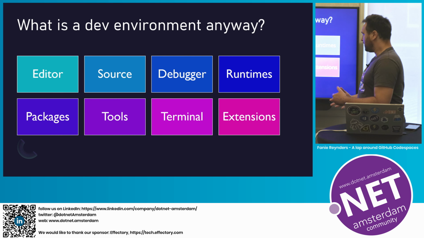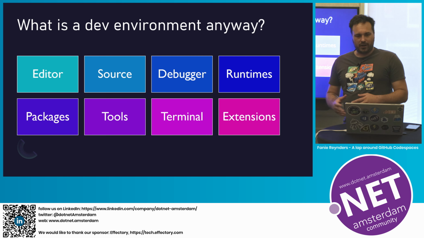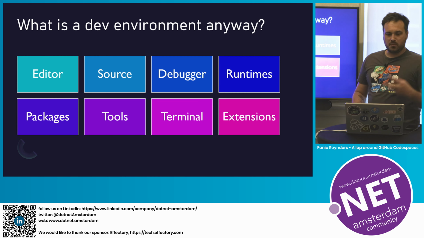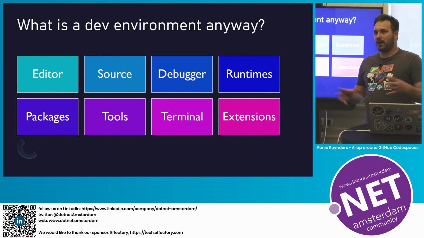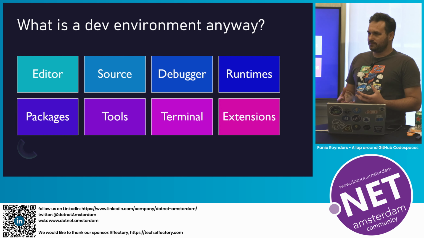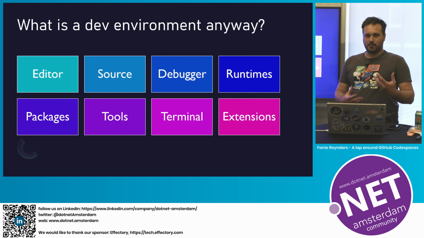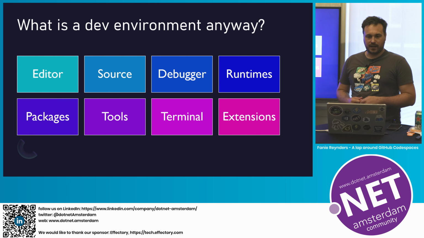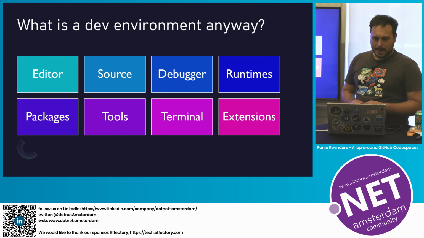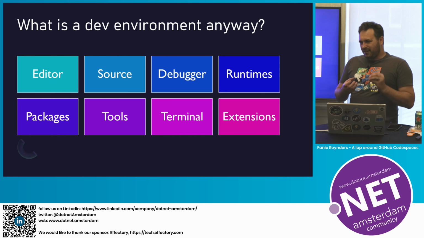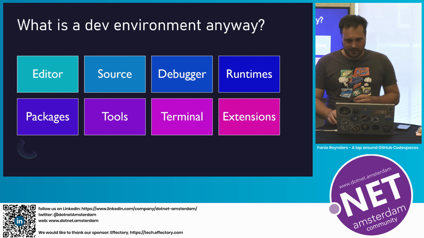Yes, you have your editor, but also you have your source code, you have your debugger, you have your runtimes, packages, tools, terminal, extensions, a bunch of things that work together that coordinate this whole thing. Visual Studio Code is part of an environment that lets you do things on. So the basic crux of a dev environment is fairly complicated in this sense.